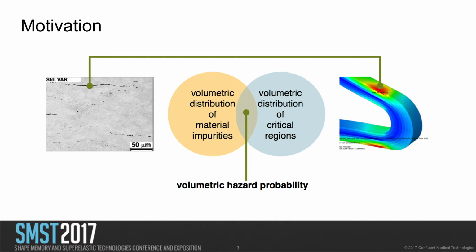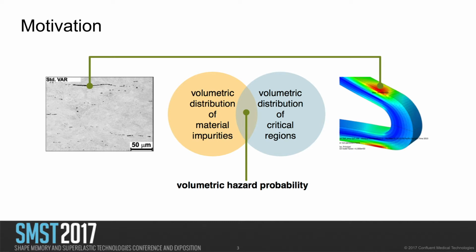On the device side, we have sensitive regions or hotspots that have some volumetric distribution and density. And the idea here is that somehow the intersection of these two volumetric distributions has something to do with the probability of failure and the scatter that we often see and are frustrated by in our fatigue testing.